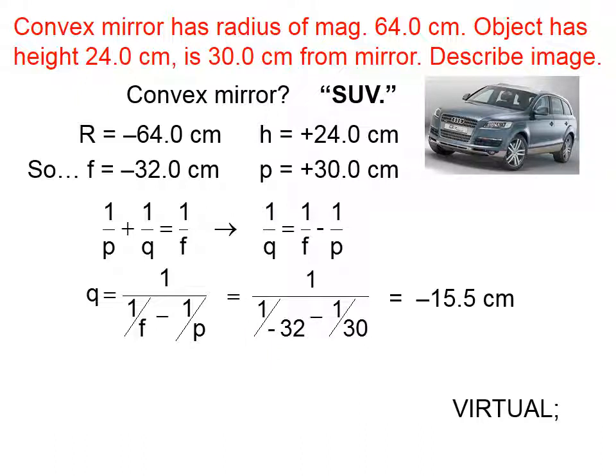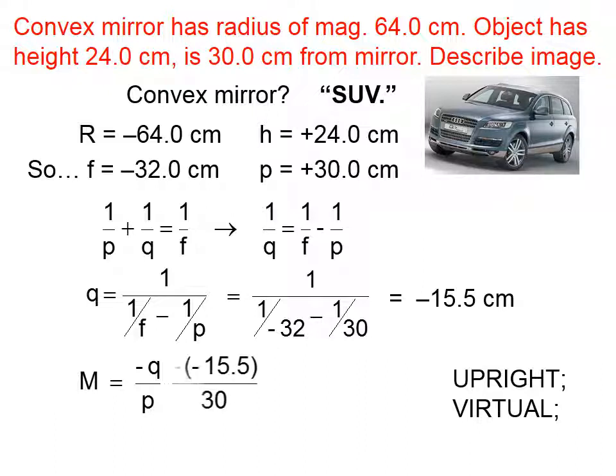Sure enough, the negative image distance tells us that we have a virtual image. And virtual images are always upright. So of our three conditions, smaller, upright, virtual, two of them we've satisfied and we've shown that we're correct using calculations. If we now calculate the magnification, it's equal to opposite q over p.